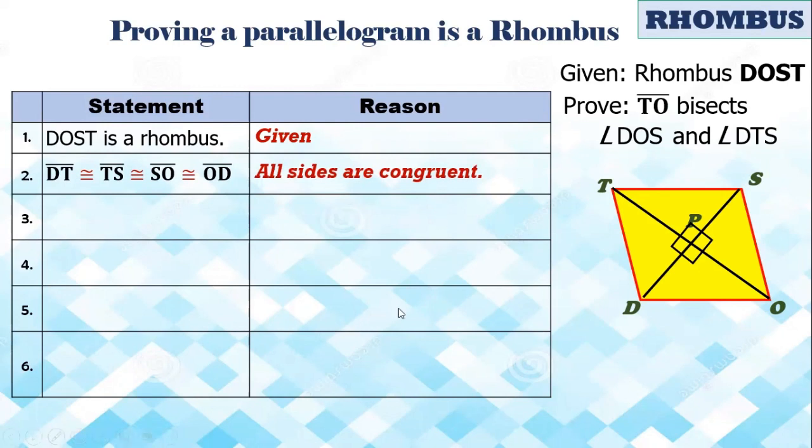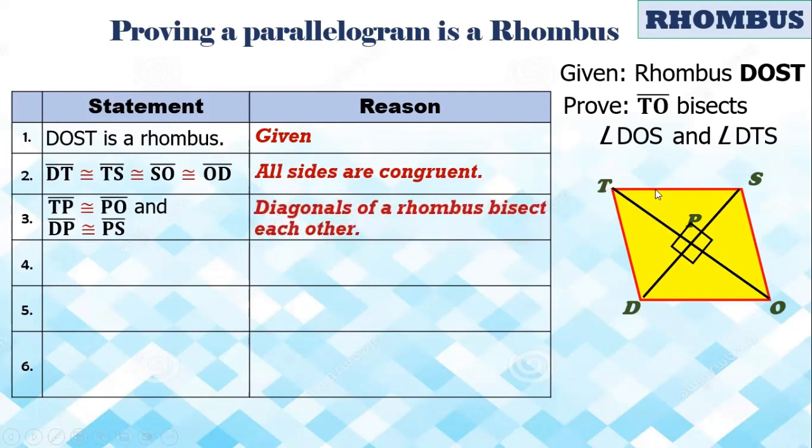Next, line segment TP is congruent to PO. Same thing as with DP. The segment DP and segment PS are also congruent. The reason is that the diagonals of a rhombus bisect each other.